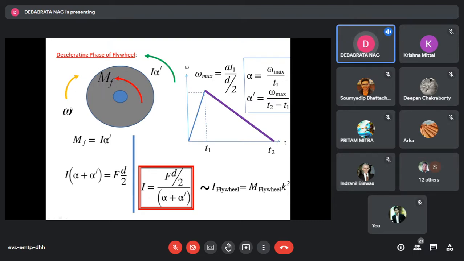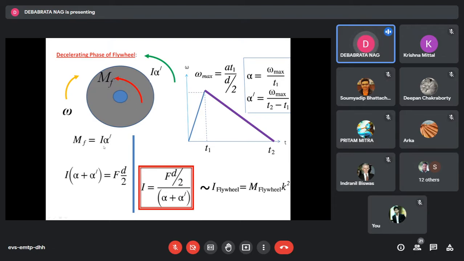So deceleration means your omega is still in the clockwise direction, but your alpha dash should be in the anti-clockwise direction, because then only the whole thing will decelerate. So since there are no strings here, quite naturally, by writing Euler's equation, I can say that MF equals I into alpha dash.